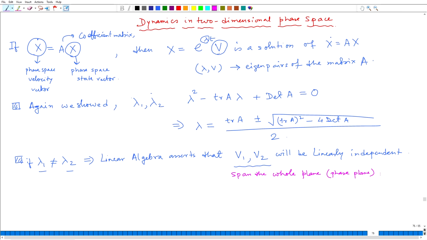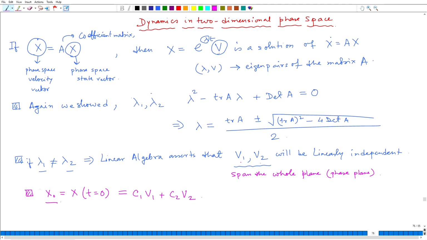You can now just think of the initial vector x 0, which has no dependence on time. So, x 0 is nothing but x at t is equal to 0. Then this is just a constant vector, and that can be expressed as a linear combination of v 1 and v 2 with constant coefficients. So, c 1 v 1 plus c 2 v 2.